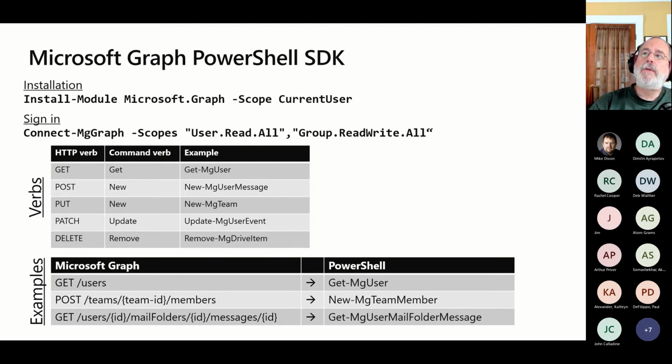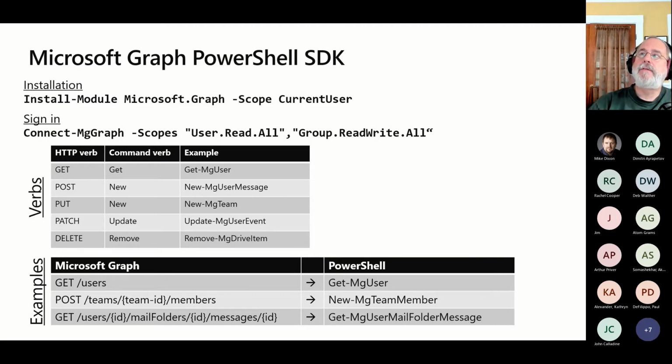Then you have to figure out what the noun is, and usually they're very intuitive. If you're a PowerShell person, you know you always have verb-noun as your PowerShell command. So the verbs come across one for one, and the nouns are based on the type of object.